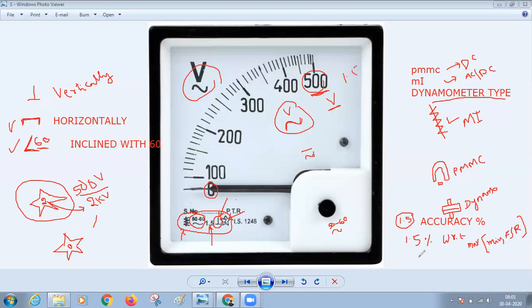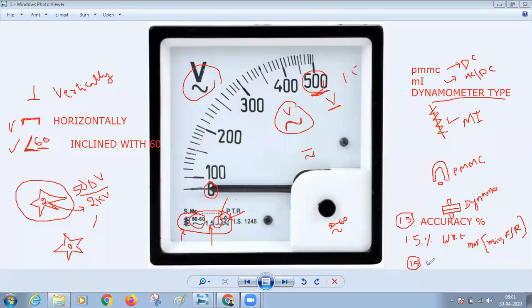Okay, in some cases they will give 1.5 inside a circle like this, right? In such a case, the meter error is 1.5% with respect to the indicated value.